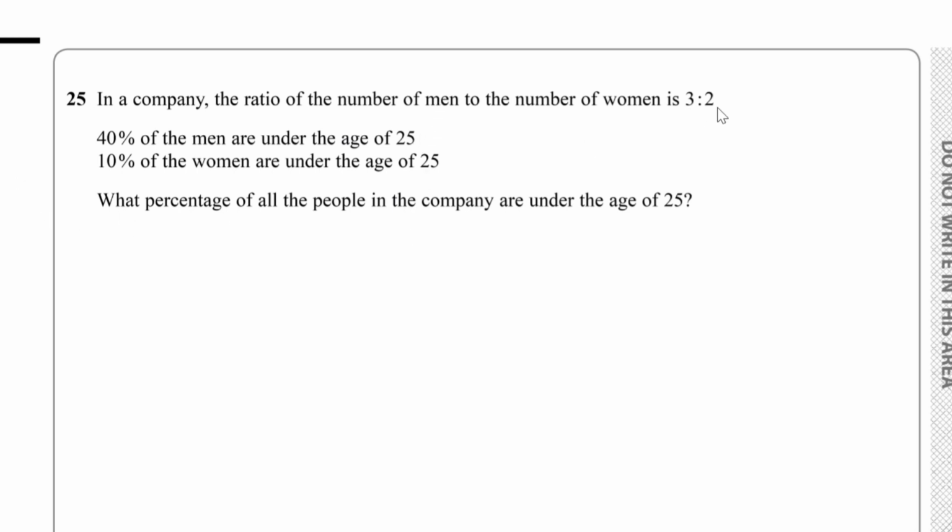Well, if we've got 3 to 2 being the ratio of the number of men to women, what we can see from here is 3/5 will be men, and what we also can see is 2/5 are women.